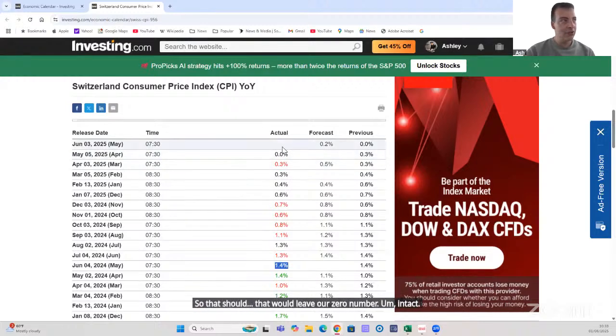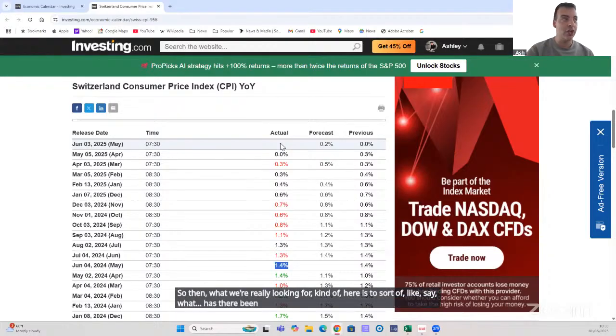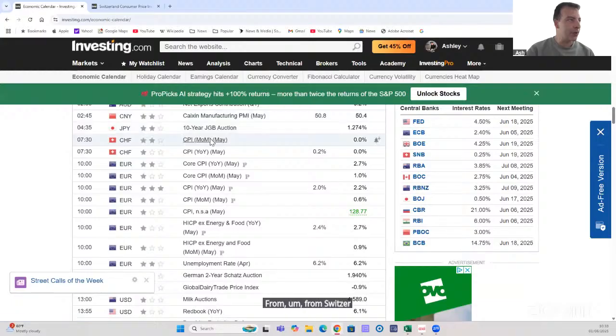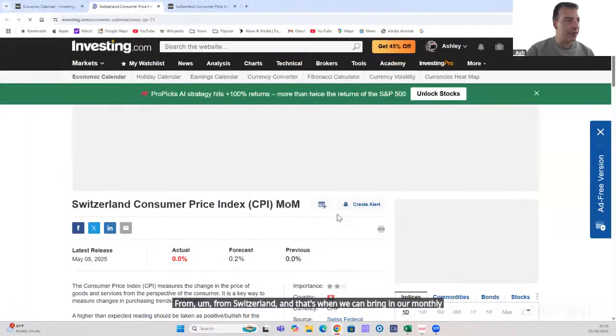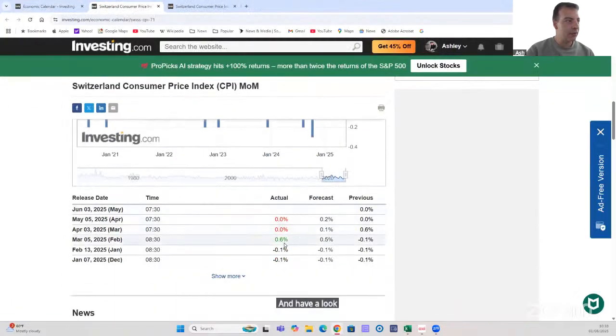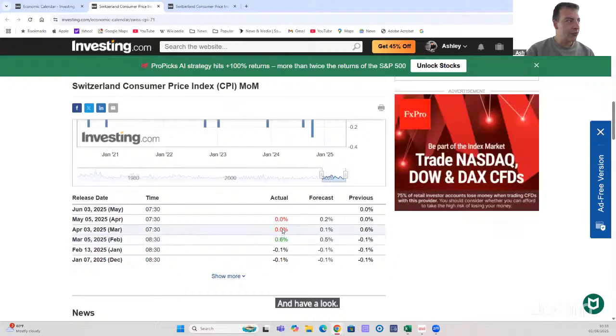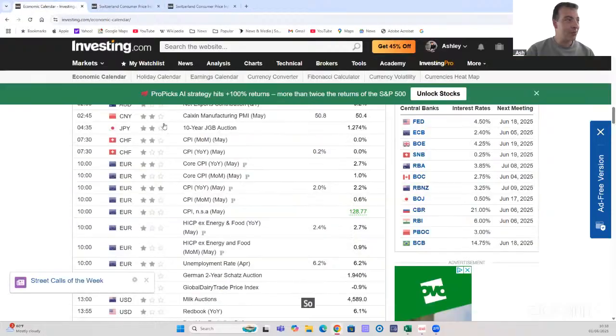So that would leave our zero number intact. So then what we're really looking for here is to say, has there been genuinely recent inflation from Switzerland? And that's when we can bring in our monthly figures and have a look. It's been pretty flat. So my assumption actually would be to see a 0.2% increase.